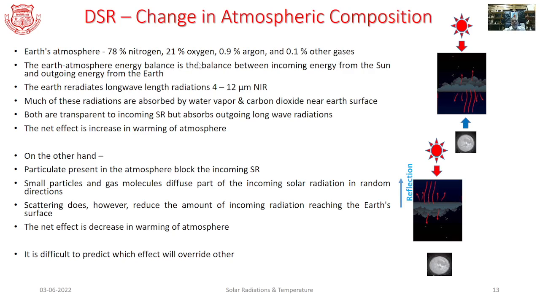The Earth's atmospheric energy balance is the balance between the incoming energy from the sun and the outgoing energy from the Earth.